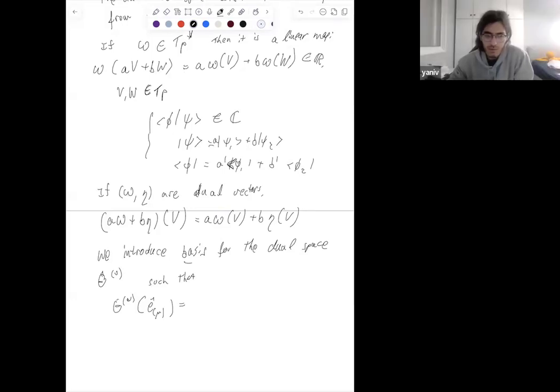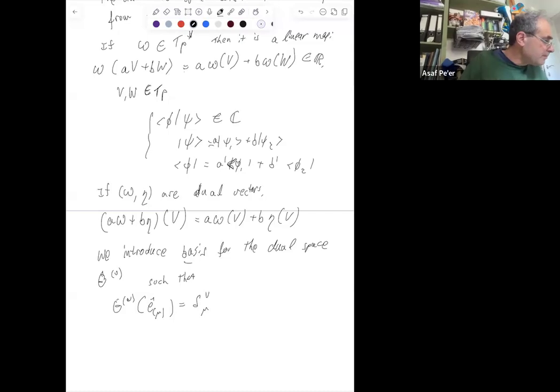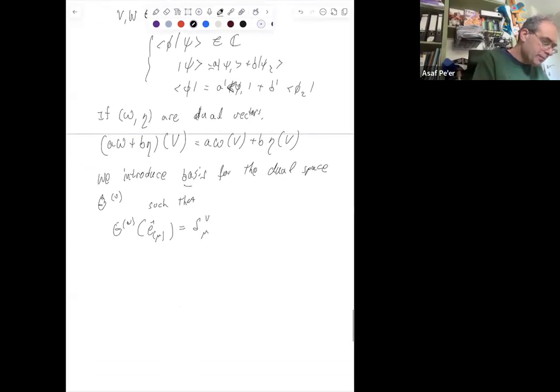So really, it's a delta function, delta nu mu. So similar to any normal vector, we can always write omega as omega mu theta mu.